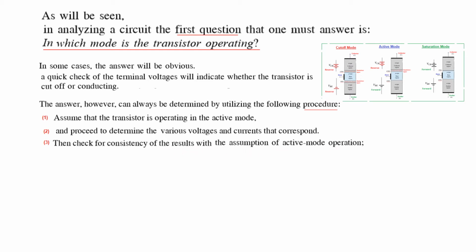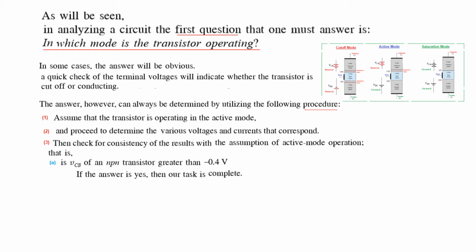So we'll check whether it conforms to the active mode parameters or not. That is, is VCB of an NPN transistor greater than minus 0.4 volt? So we saw previously, we found it to be minus 0.5 or minus 0.4, then this is in active mode. If the answer is yes, then our assumption is complete.